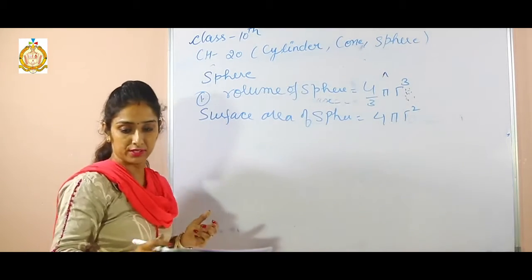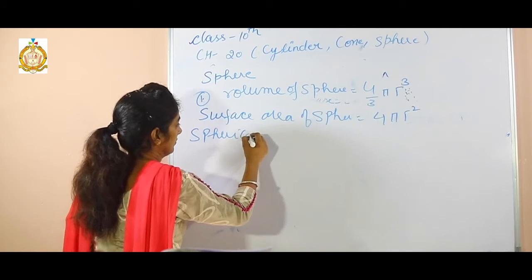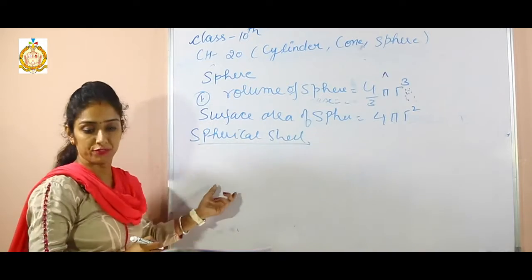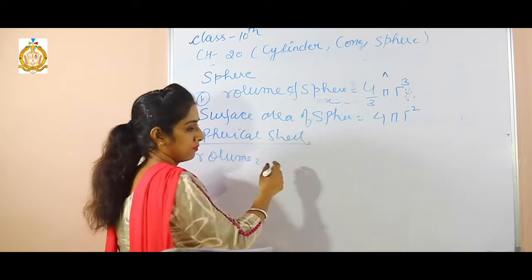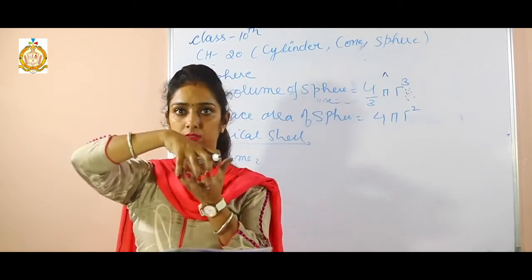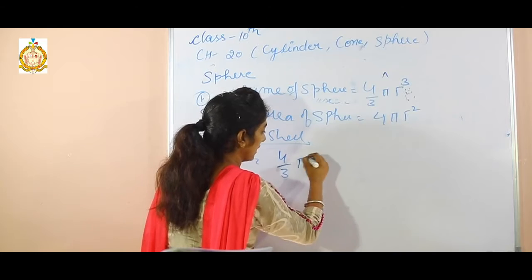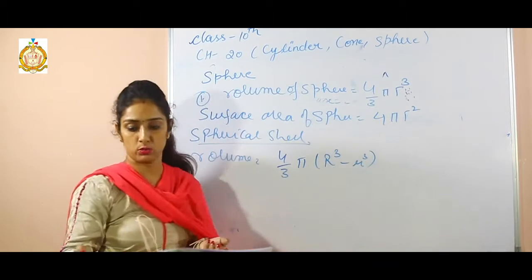Right? After that, spherical shell, volume of it is, means there is a sphere and there is another sphere inside one sphere. So what is the formula? 4/3 pi R cube minus r cube, right?